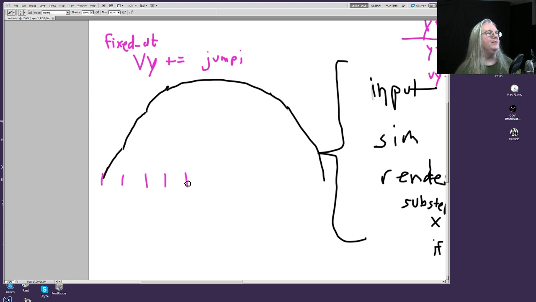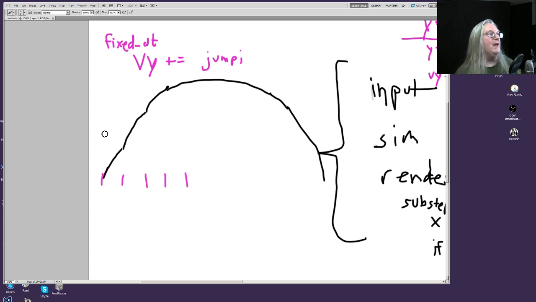Of course, if our time steps were different or the impulse were different, the shape would change. So if you want to think about a way to do this that's time step invariant, it doesn't exactly make sense, because you're saying that the jump velocity depends on how long you're holding down the button. If you don't quantize how long you're holding the button down, you're going to get different jump rates at different frame rates.